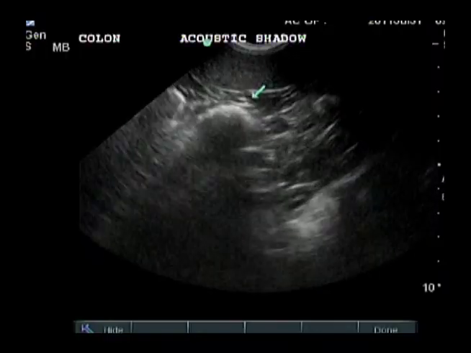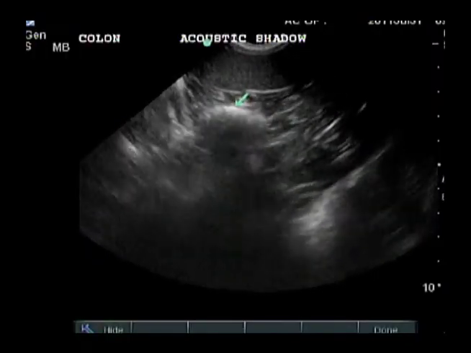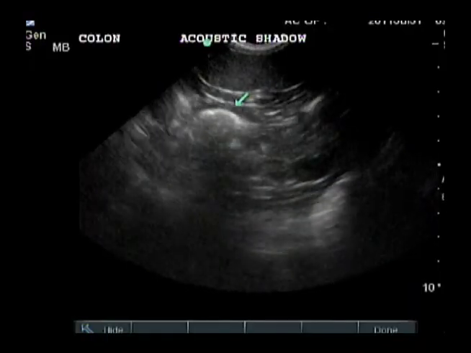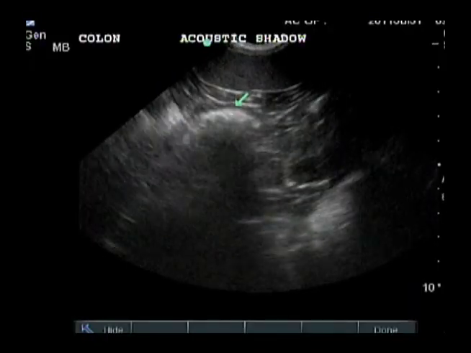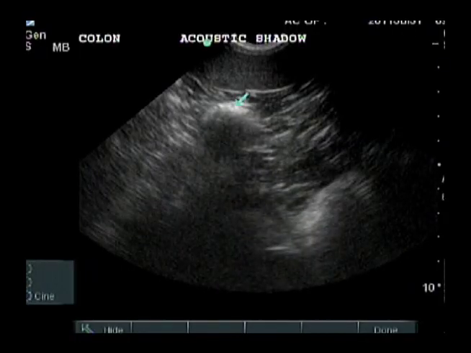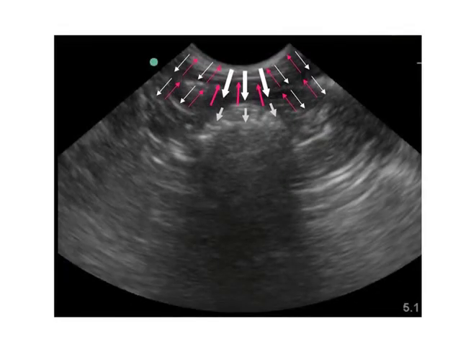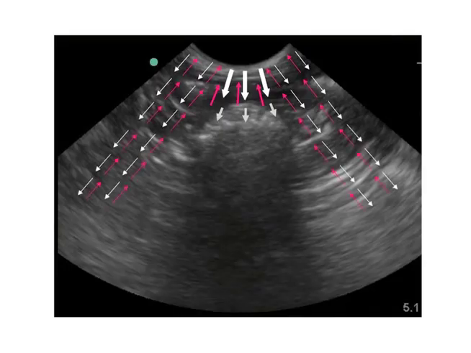So the surface of the colon closest to the transducer is hyperechoic, but the ultrasound machine receives no return from deeper parts of the colon. Because there is no ultrasound return, the ultrasound machine assumes there is nothing there and shows a large anechoic or acoustic shadow. The shadow hides deeper structures.